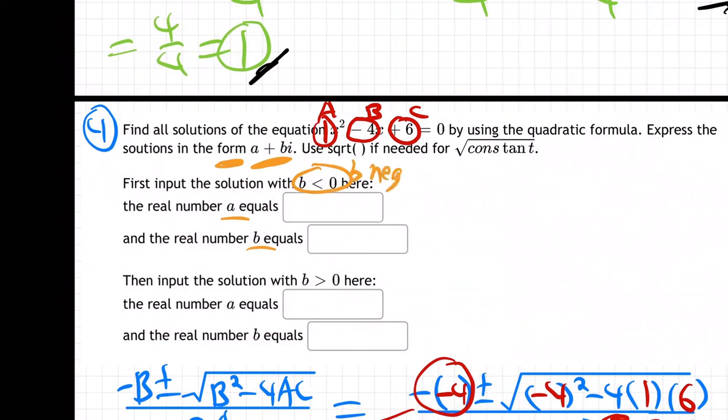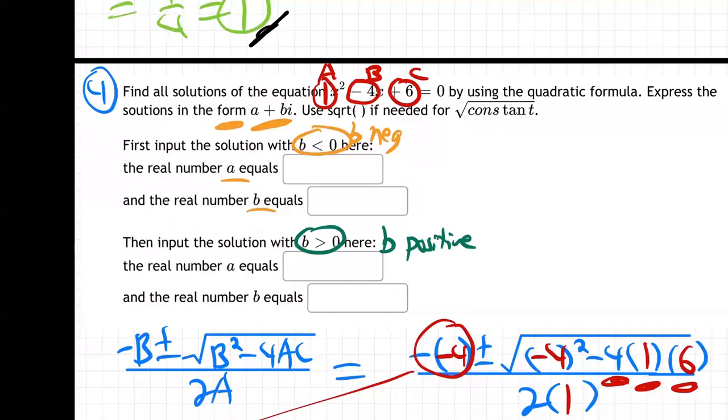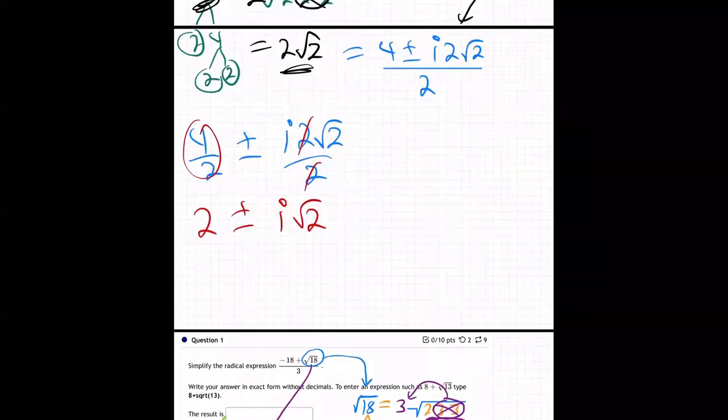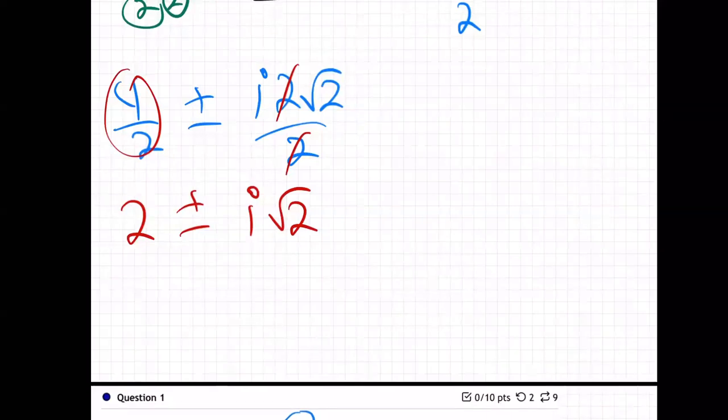And down here, it says B is greater than 0, which means B is positive. You seeing that? So they want A plus Bi. So that means it's 2 minus i root 2 or 2 plus i root 2.